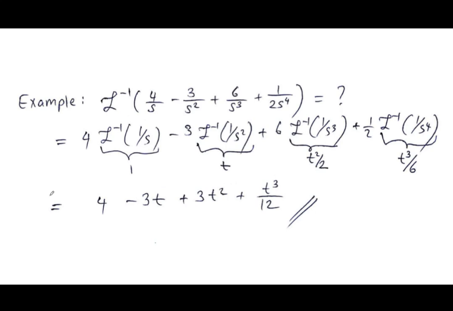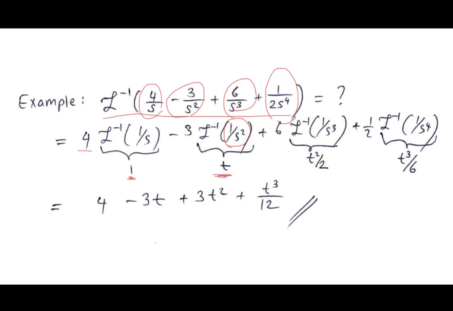Now let's look at this example. This is the inverse Laplace transform. We need to apply it to each of these terms. As you see, we have 4 different terms here, and I need to apply the inverse Laplace transform for each one of them. For example, for the first guy, we know that this is just 1, and then for the second term, the inverse Laplace transform of 1 over s squared, we know that this is equal to t.